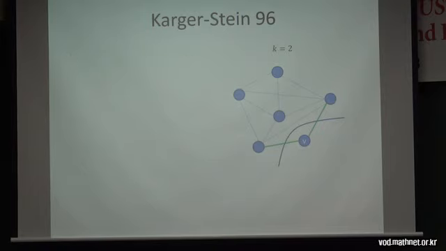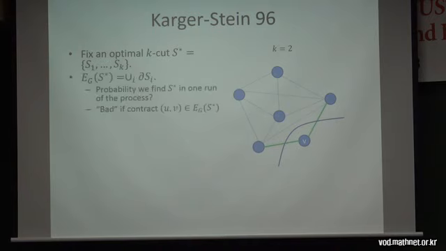Let's look at this graph, where the optimal cut is cutting this singleton vertex v. Let's say S star is an optimal k-cut, and E of S star denotes the edges crossing S star. Let's fix one particular optimal k-cut S star, and study the probability that we output S star in one process.